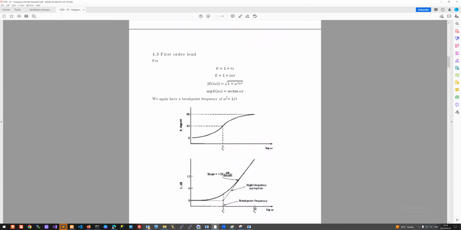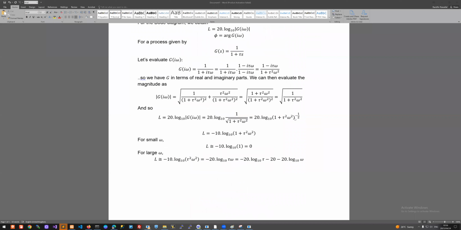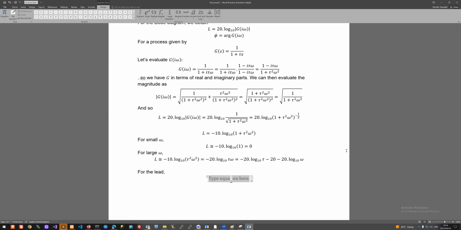And also, if we look at the log modulus, you can do the same story for the log modulus here. So let's just do that. So for the lead, we can say L equals 20 log 10 of the magnitude of G. And the magnitude of G here is the square root of 1 plus tau squared omega squared.